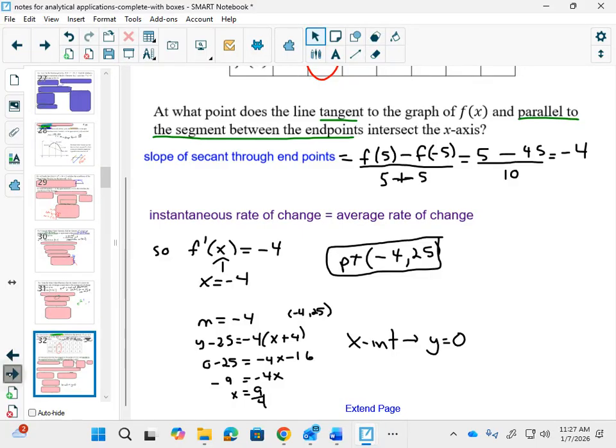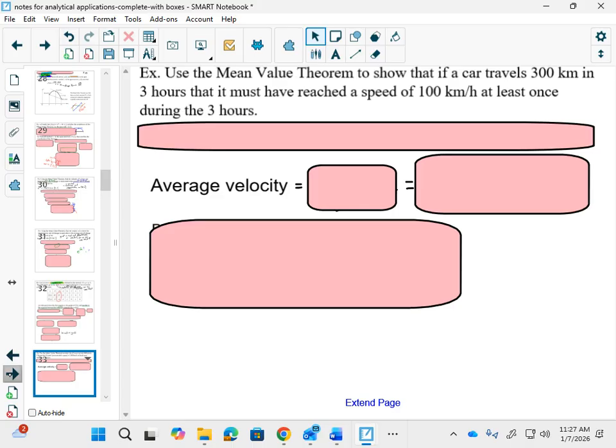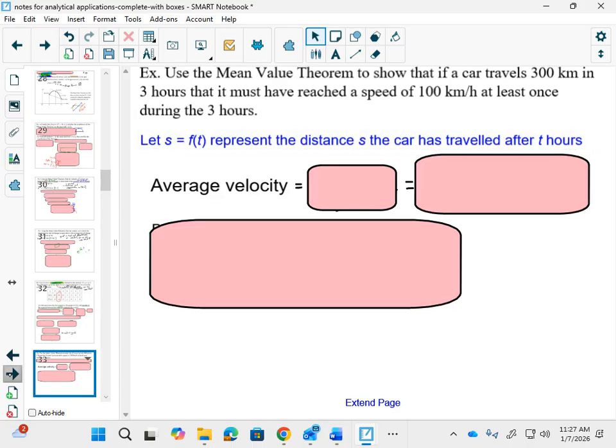So even in these equations that say, use the mean value theorem, okay?